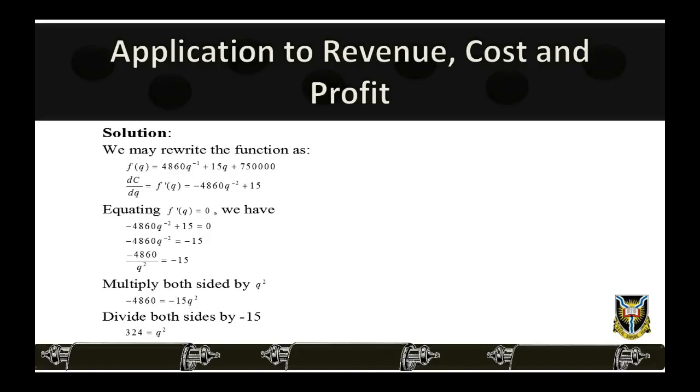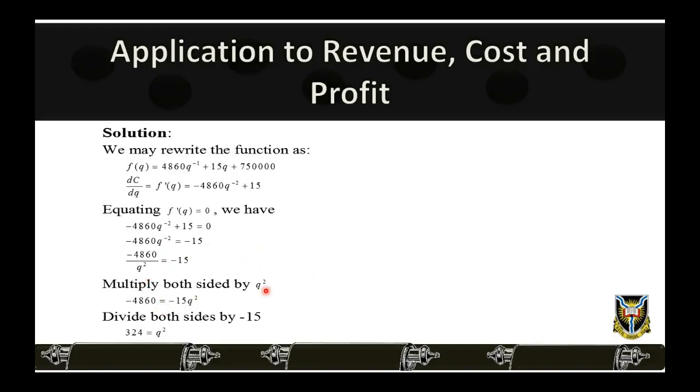If we equate f'(q) to 0, we have -4,860q^-2 + 15 = 0. -4,860q^-2 = -15. -4,860/q² = -15.